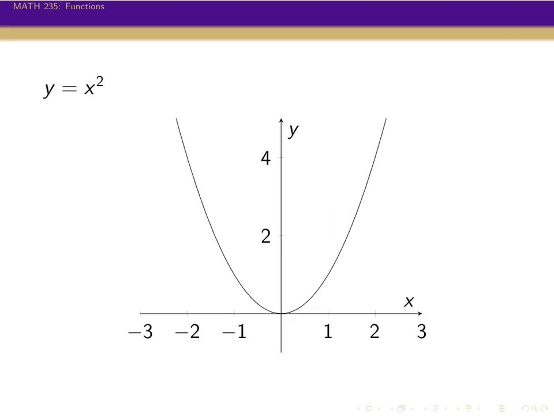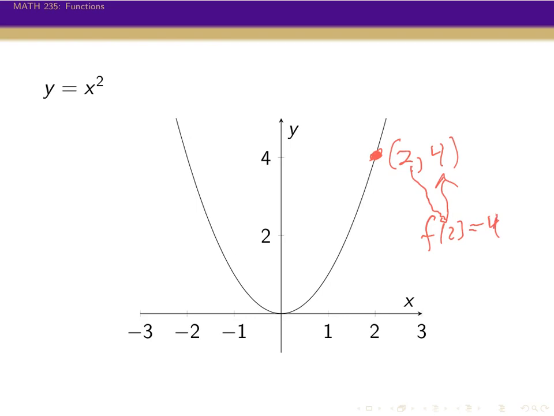So if we look at y equals x squared, if I take some x value to be 1, actually let's take x value to be 2. We look at this point on this graph, we see that this is 2, 4. And so that's telling us that f of 2 is equal to 4. So if we plug 2 into our function, we're going to get 4 out of it.